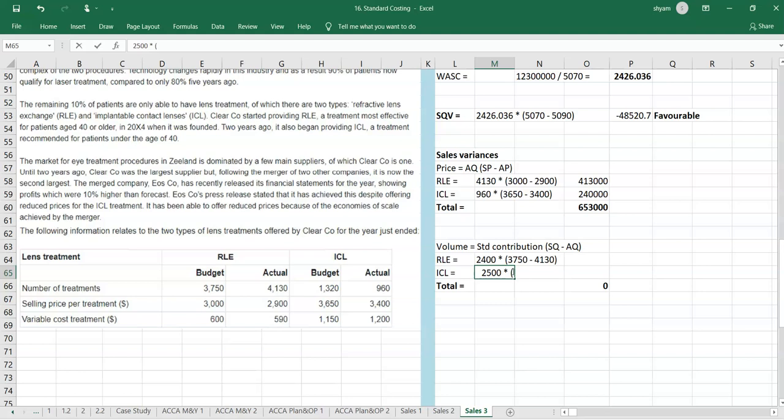Here the standard quantity for ICL is 1320 minus actual quantity 960. So let's get both the totals.